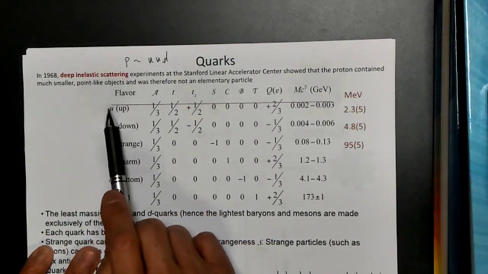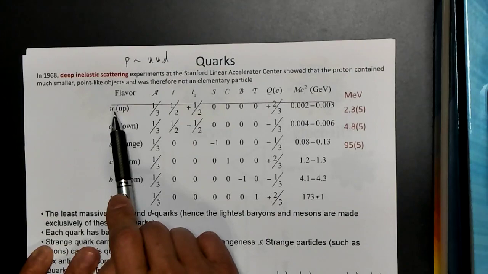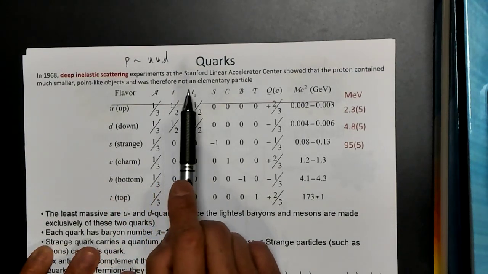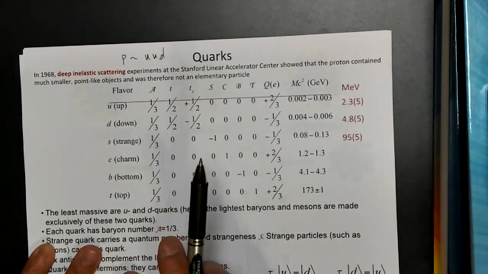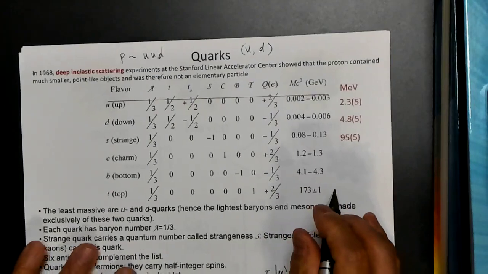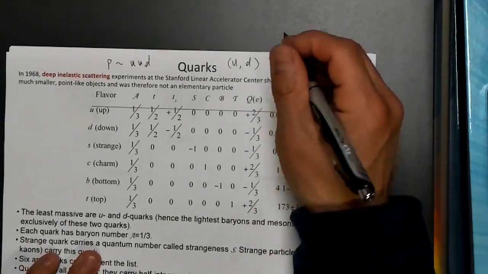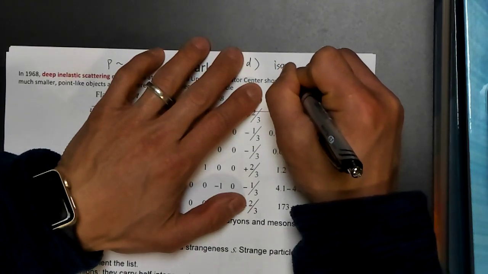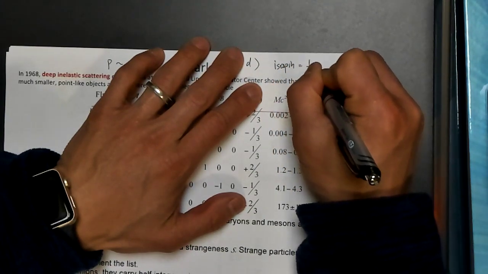Now, the up quark has baryon number 1/3. It also has isospin. Remember, the up and the down quarks form an isospin doublet, with isospin equal to 1/2.